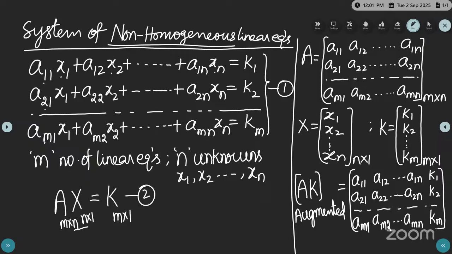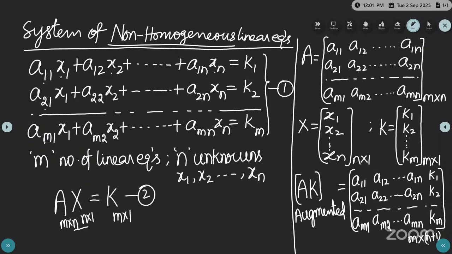This is of order m by n plus 1. This is the augmented matrix. Okay.